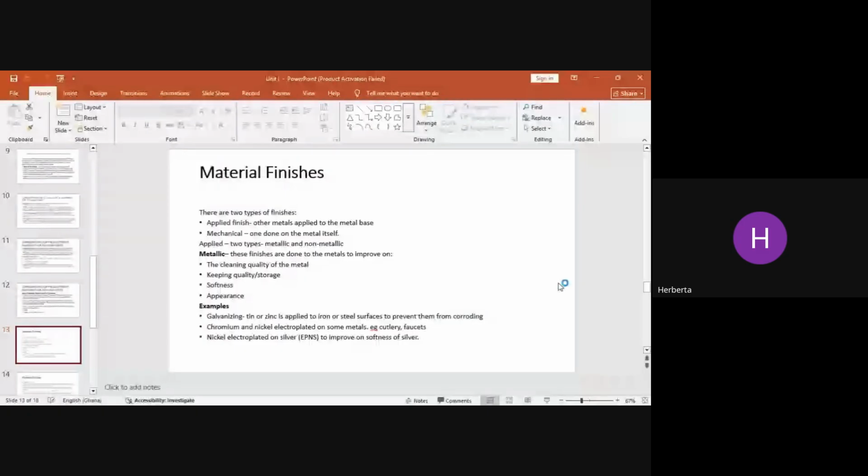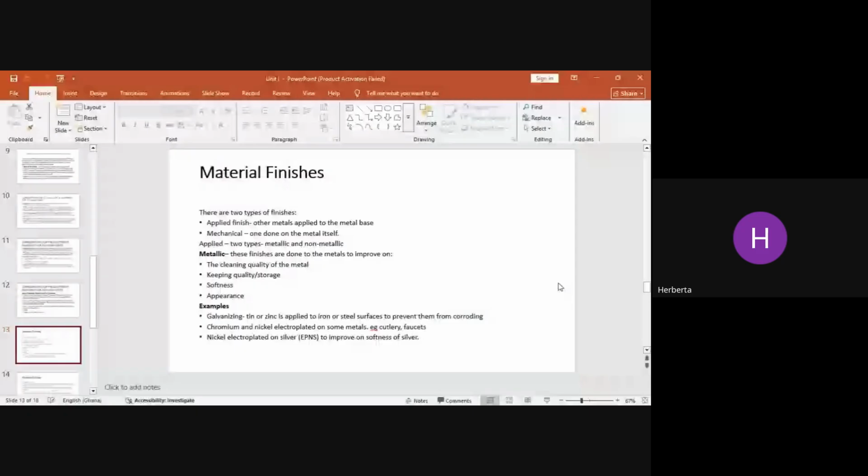Then we have the mechanical finish. With the mechanical finish, the type of finish that you want to use is applied on the original metal itself. And we have two types of the applied finish: the metallic and the non-metallic finish. With the metallic finish, as I said, another metal is used as a protector on the original metal.